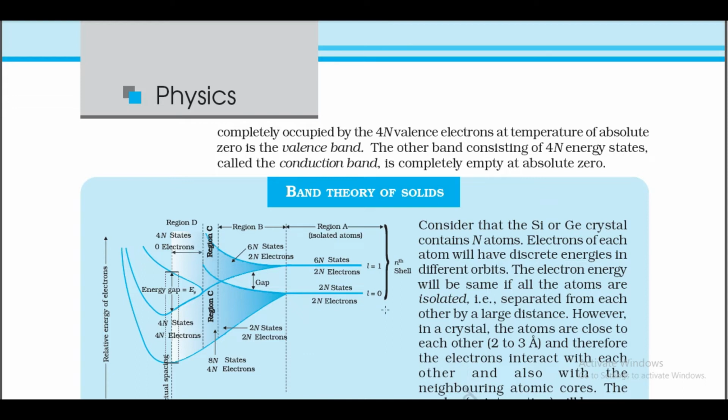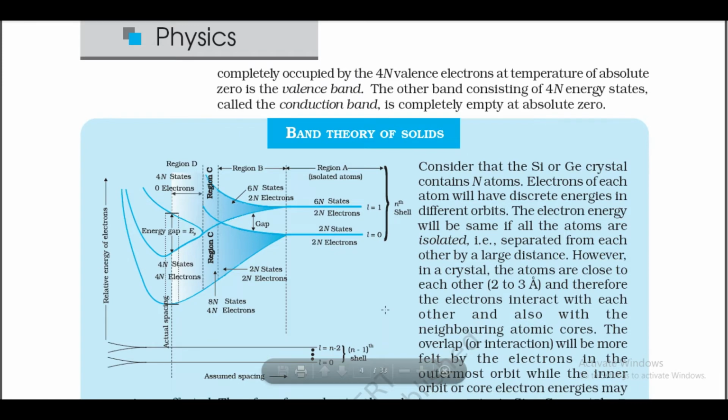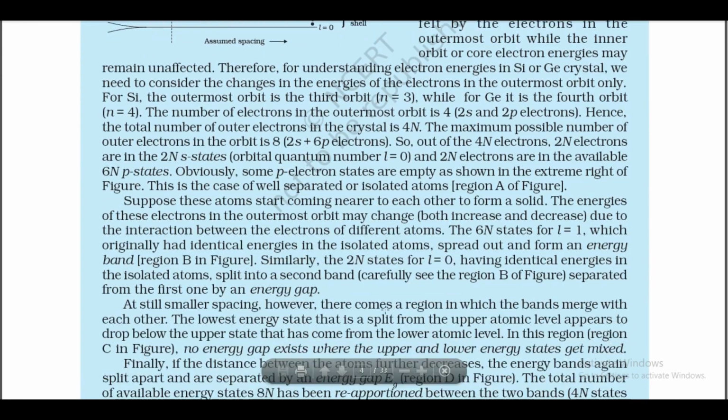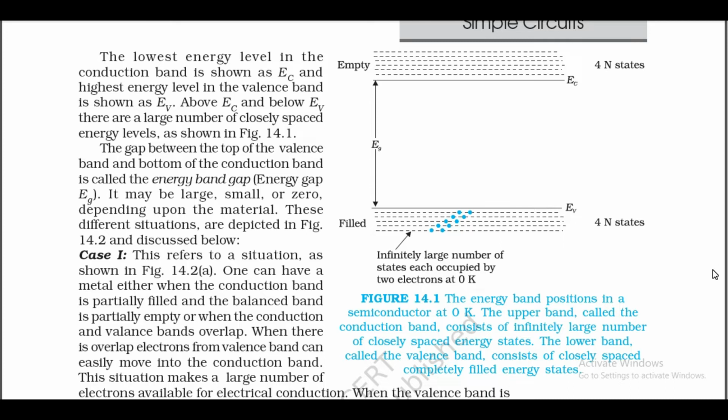The other band, consisting of 4n energy states, called the conduction band, is completely empty at absolute zero. The lowest energy level in the conduction band is shown as Ec and the highest energy level in the valence band is shown as Ev.